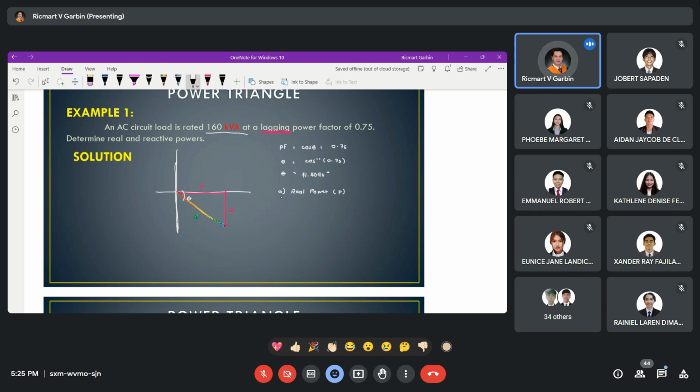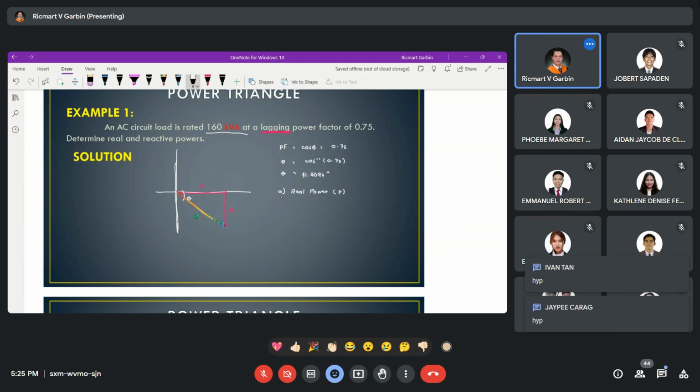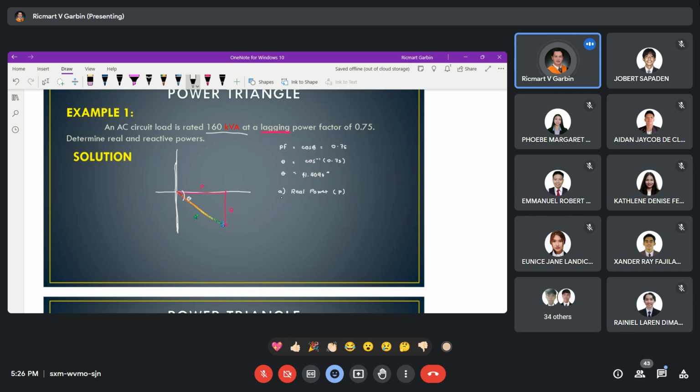In terms of the triangle, ano yung P? Di ba meron tayong opposite, adjacent, and hypotenuse? Ano yung P? Adjacent. How about S? Hypotenuse. So, with respect to the angle, anong identity ang involved ang adjacent and hypotenuse?